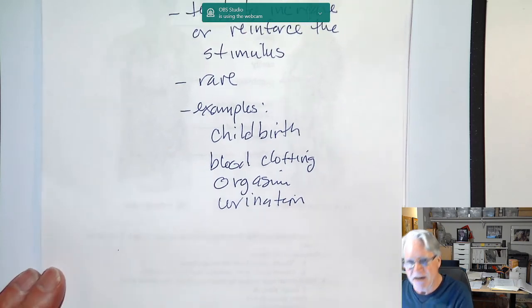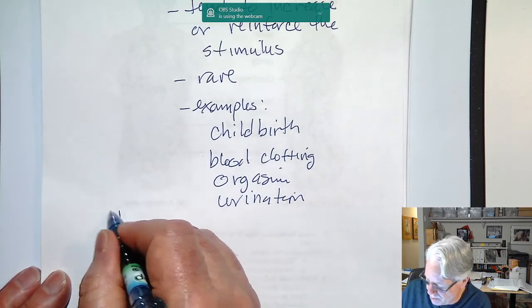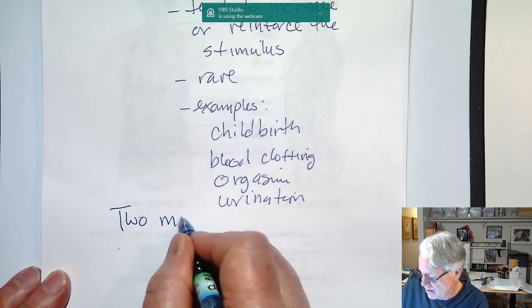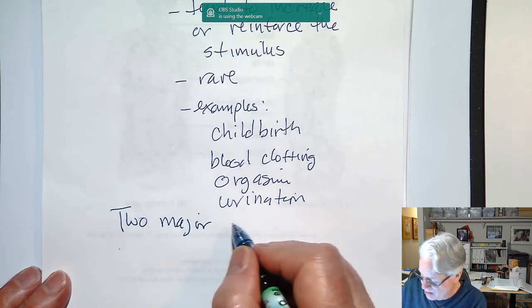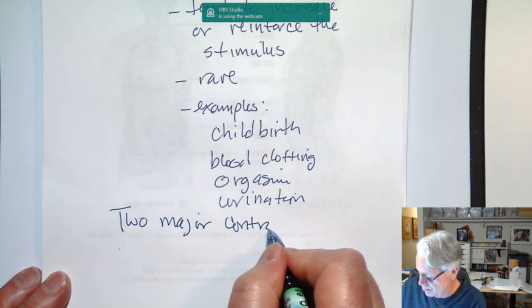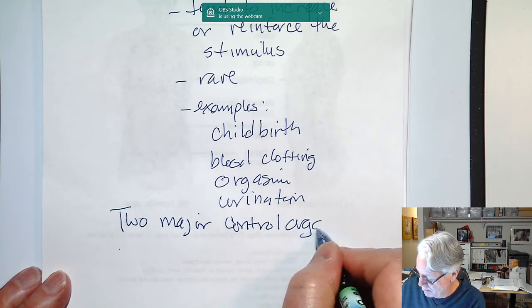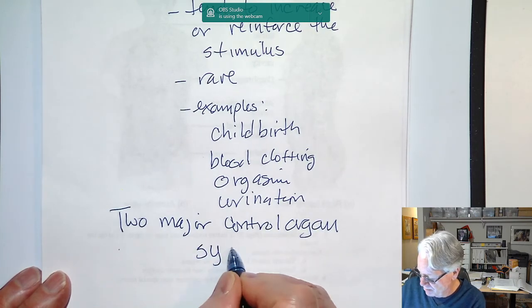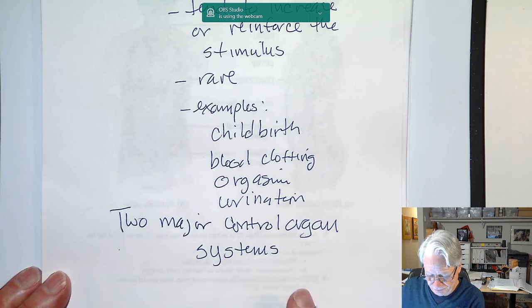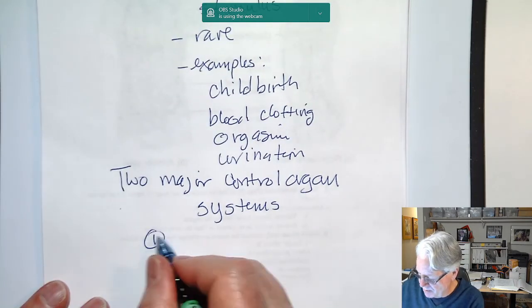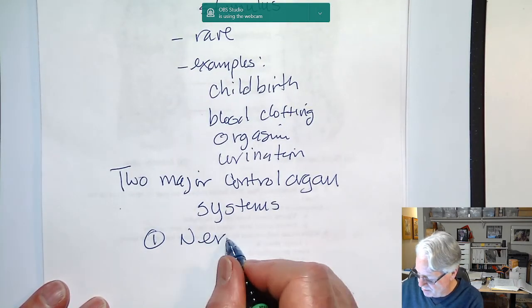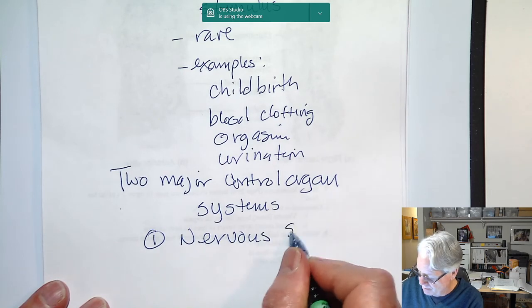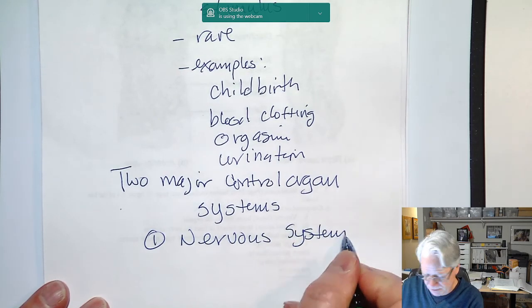Okay. Now, within the body, there are two major control organ systems. The first one, I think you probably have guessed it, nervous system. Okay.